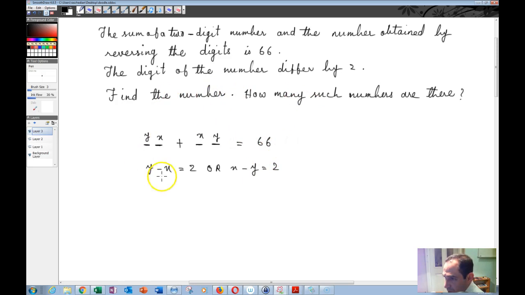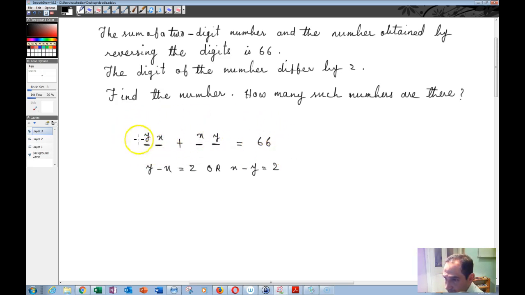So you want to find this number and see how many such numbers there are. Since this is just a way of showing that this is a two-digit number, of course I cannot use it this way in an algebraic equation.